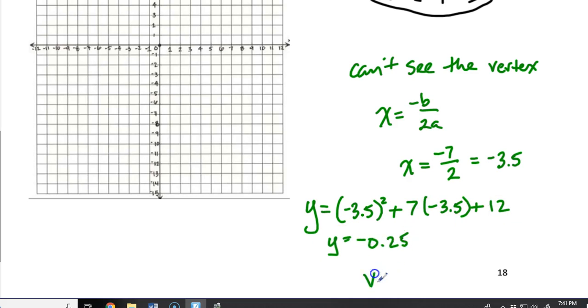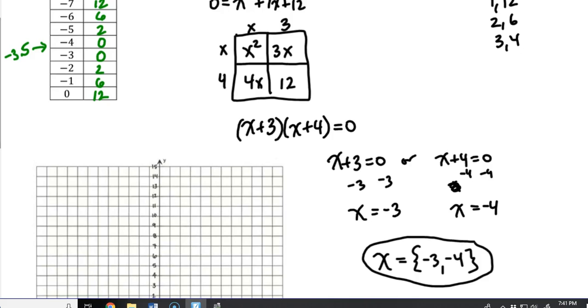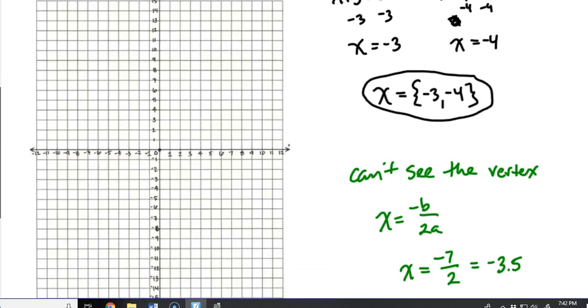So the vertex, the lowest point, or the turning point, is at negative 3.5, comma, negative 0.25. All right, and that's consistent here. You see that we get down, down, down, and just a little bit down. So plot all those points, and then play the recording when you're ready.